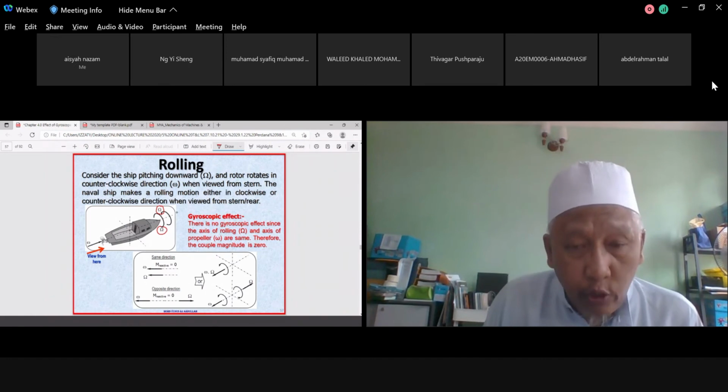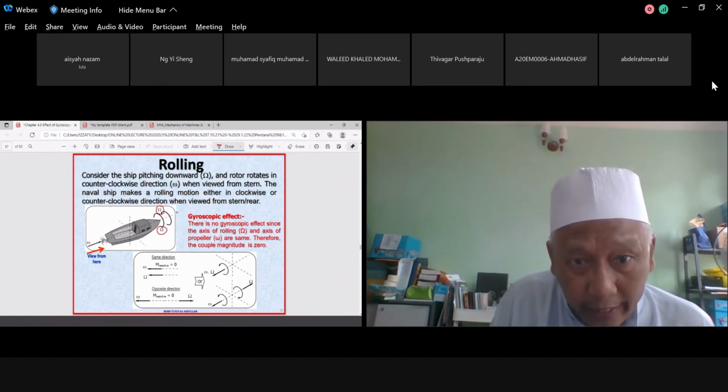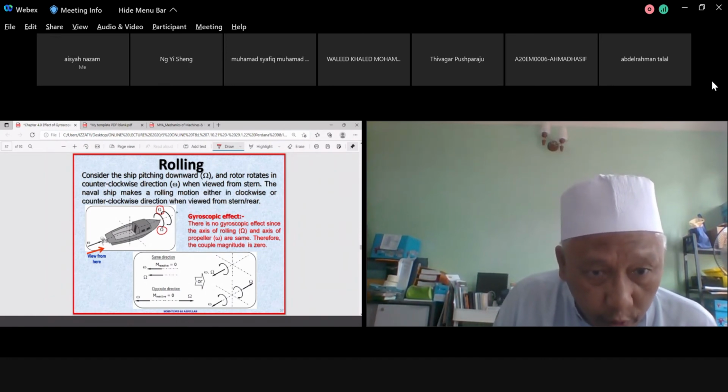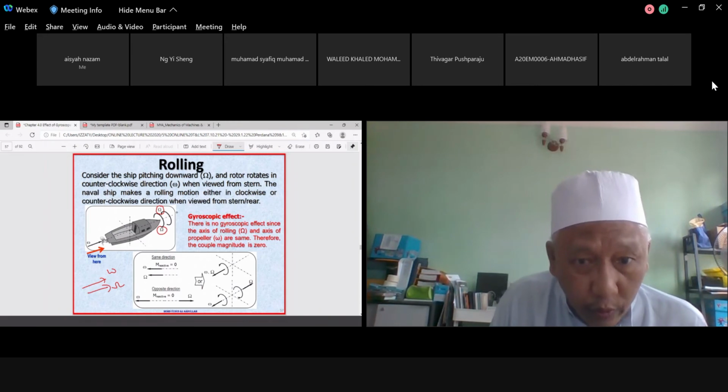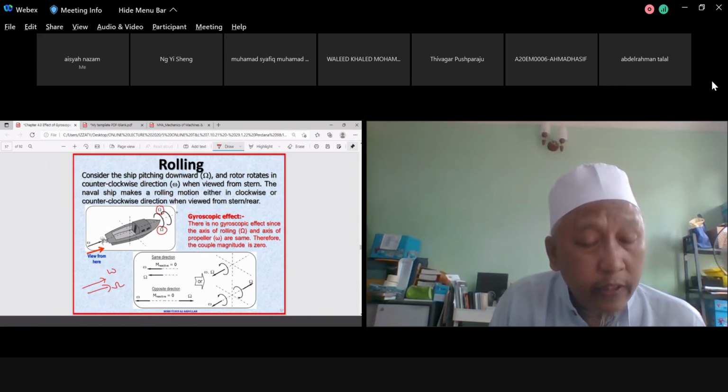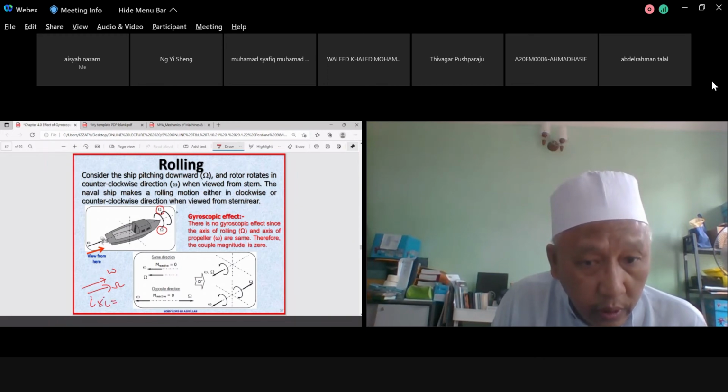So assuming this one rolls clockwise, what does it mean? It simply means that you have spin, and you also have precession. And you will have I cross I equal to 0, isn't it?